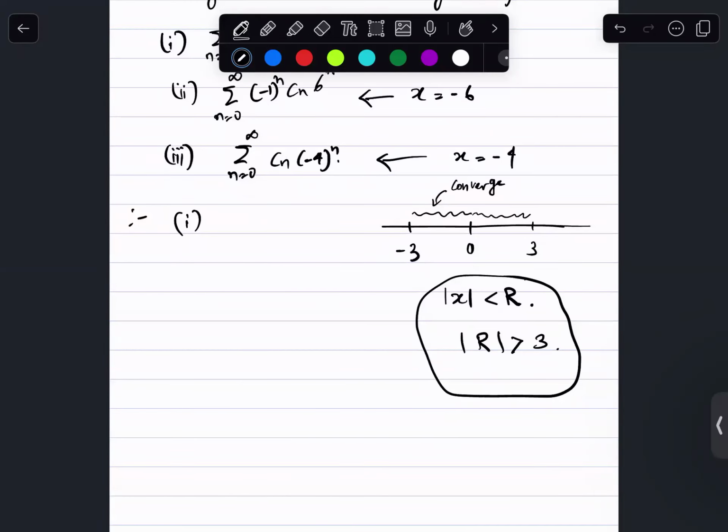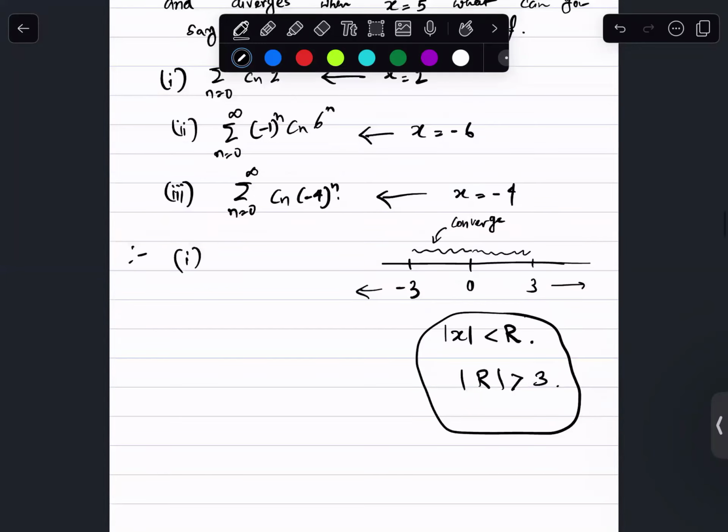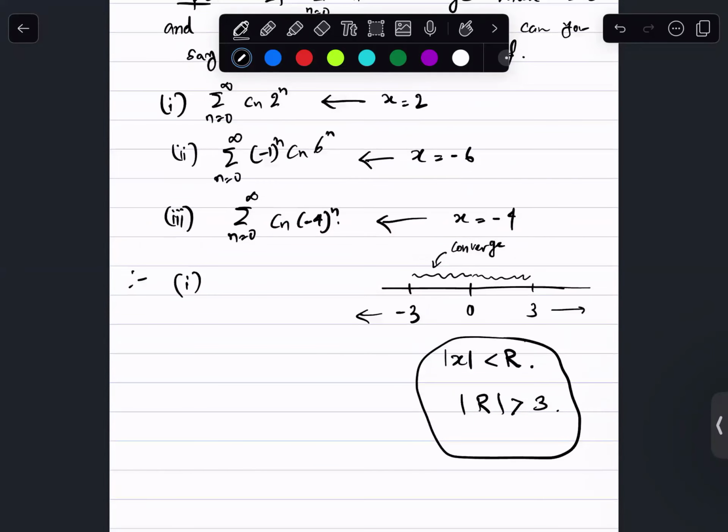But I don't know what happens at -3 and 3. So obviously the first series converges, because my x is 2, and 2 is inside the interval of convergence.